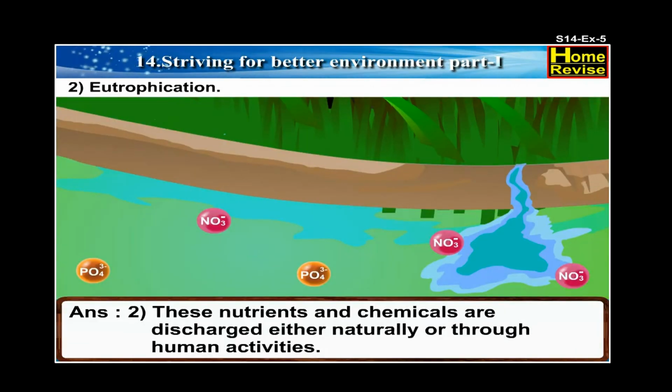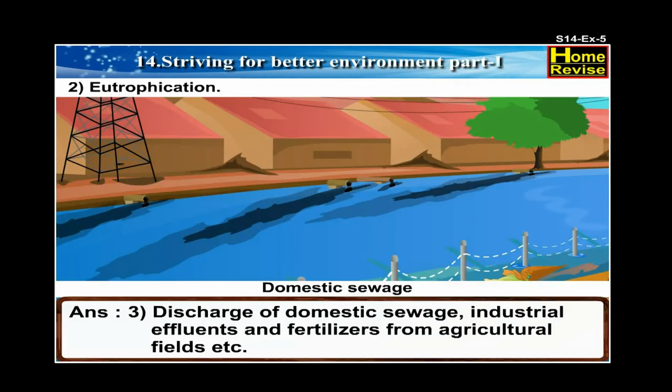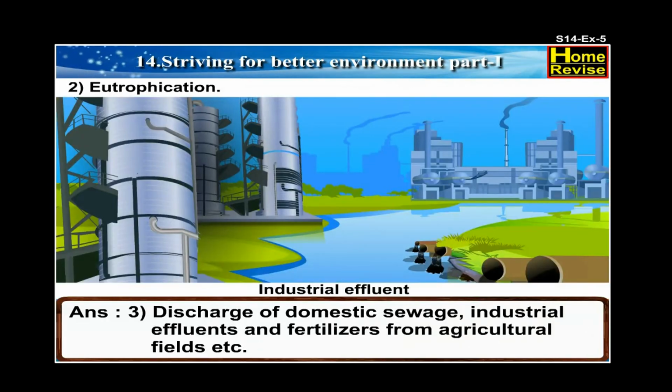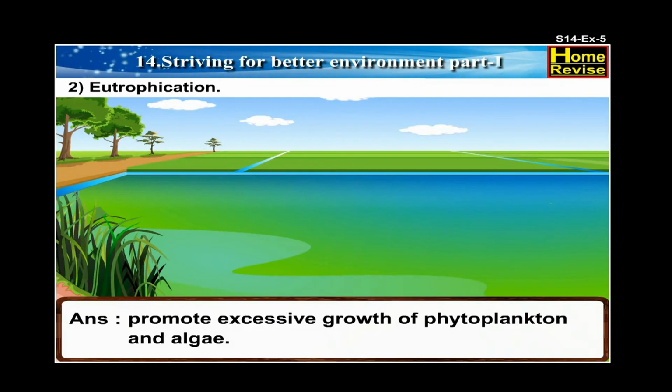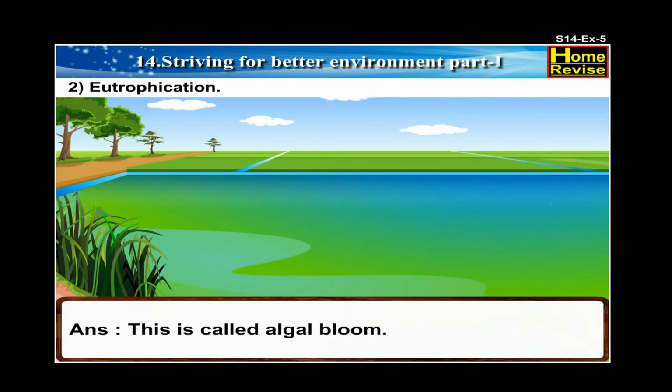These nutrients and chemicals are discharged either naturally or through human activities. 3. Discharge of domestic sewage, industrial effluents and fertilizers from agricultural fields, etc. promote excessive growth of phytoplankton and algae. This is called algal bloom.